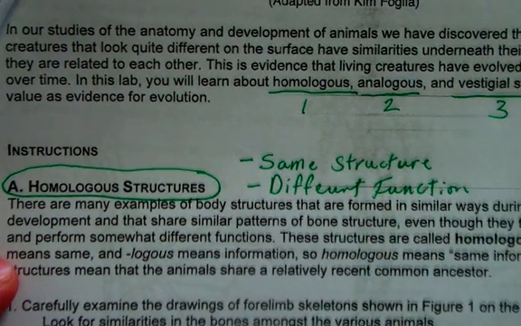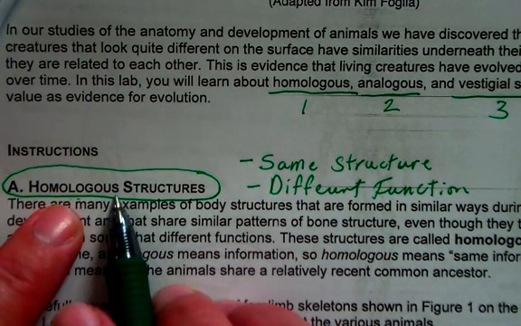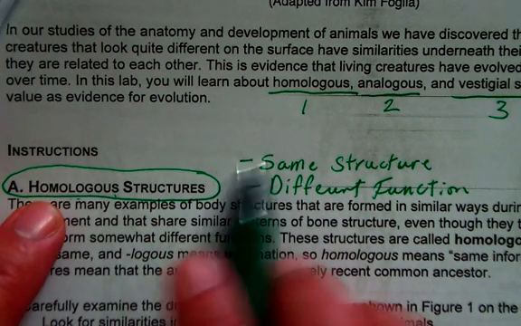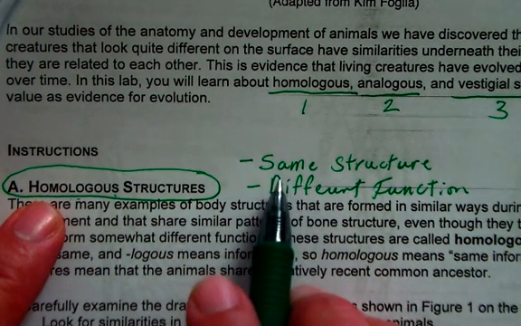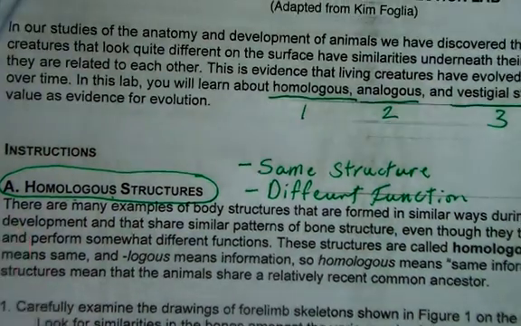The word homologous, this first part homo means the same, logos means information, so same information. So same structure, different function. Now I'm going to flip it over and show you some pictures of that.